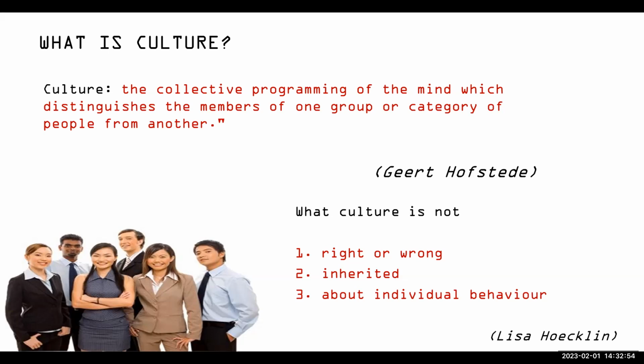And how it is so taken for granted. If you're Chinese, you just assume those symbols are there, you just grew up with them. Similarly, in all other cultures. So there's no right or wrong. It's inherited, and it's about individual behavior and shared value system.